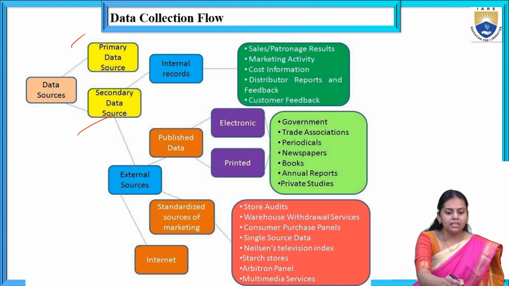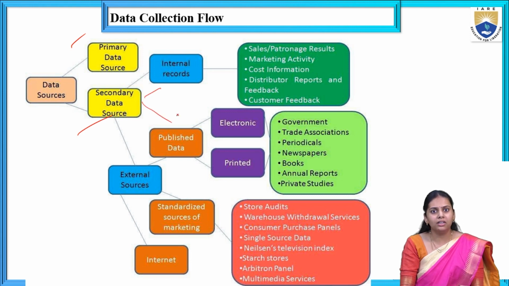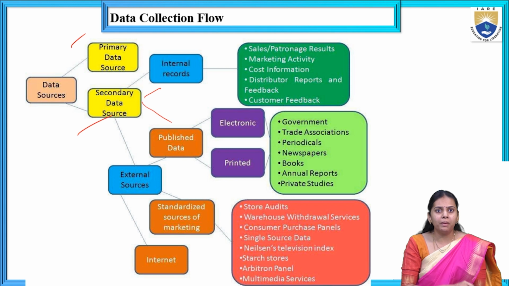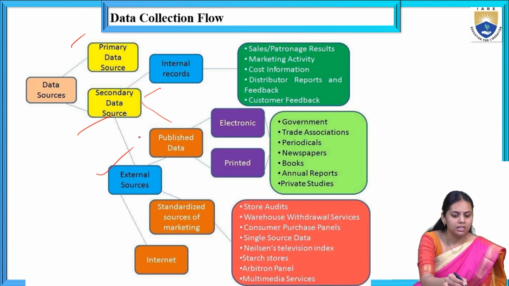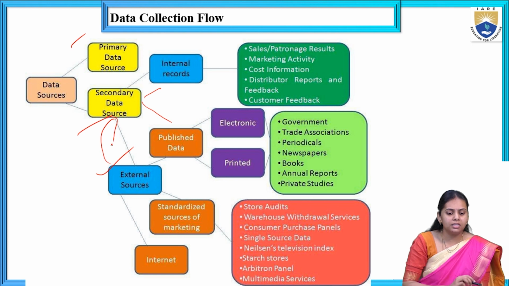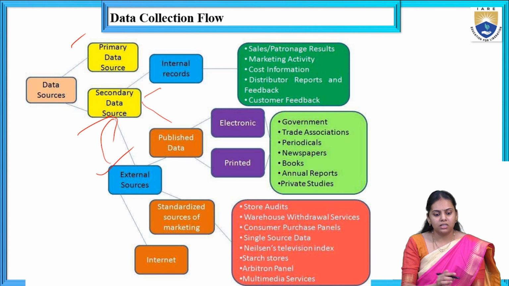So the secondary data source is always existing, related: it has internal records and published data. External sources exist with a secondary data source. What are those external sources?